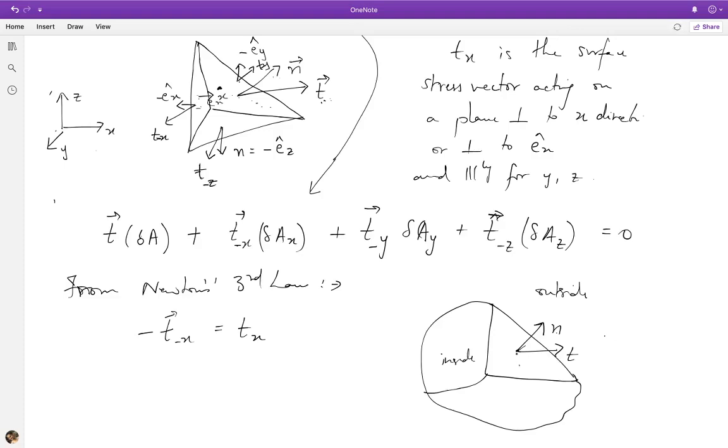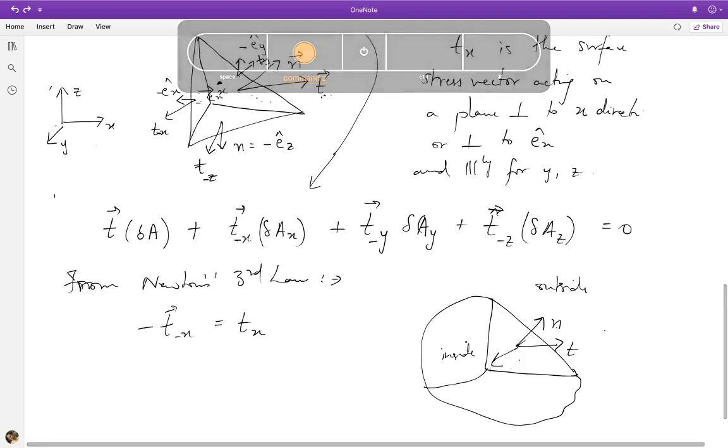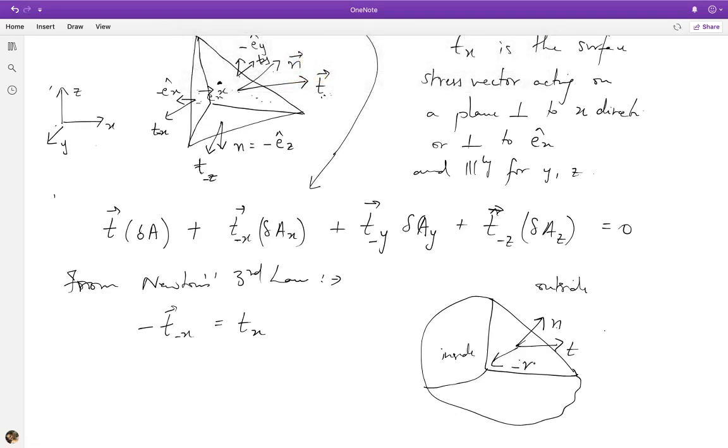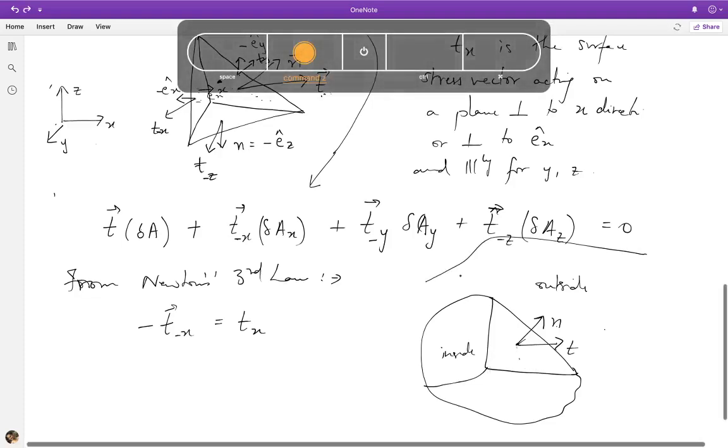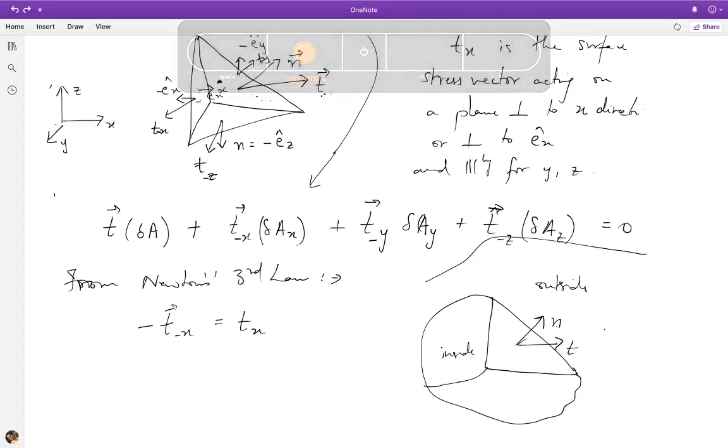So now you see that if I want to know the reverse, if I want to know the force exerted by the inner fluid on the outer fluid, I would have to find the force acting on the other normal, the minus n. So I would have n directed into the fluid.